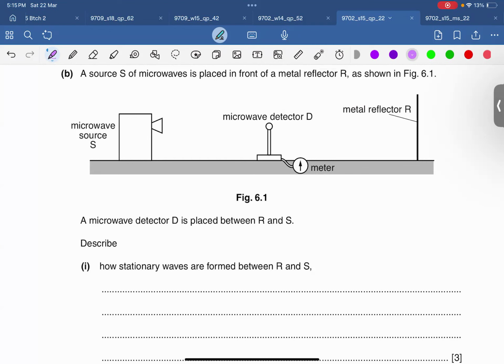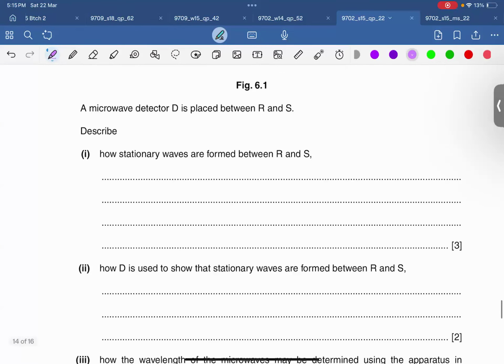So we can say that the wave from the source is reflected from the wall.